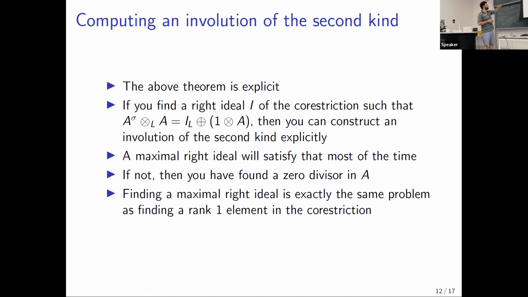And most of the time, a maximal right ideal should do the trick, unless those two things have some non-trivial intersection. But if they do, then you automatically found a zero divisor of A. So essentially, it's just finding a maximal right ideal, which is exactly the same problem as finding a rank 1 element. Because if you have an idempotent of rank 1, then 1 minus E will be of rank n minus 1.